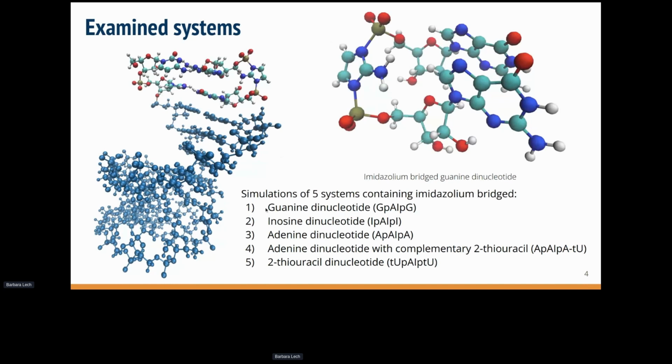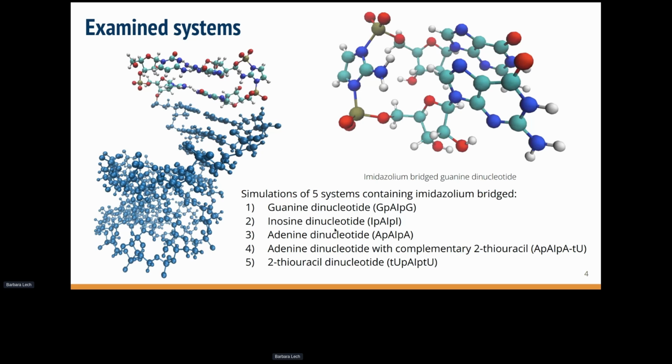The second system was created with inosine, and we chose that system because there are experimental results which say that changing guanine into hypoxanthine, which is the nucleobase inside the inosine nucleotide, did not change the efficiency of the process. It maintained the same rate and fidelity.